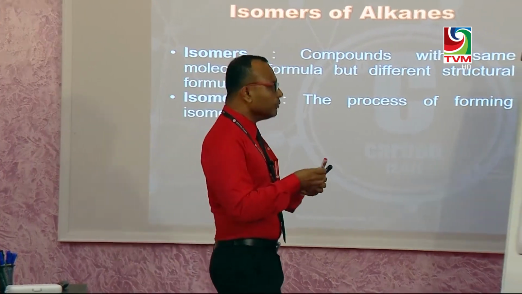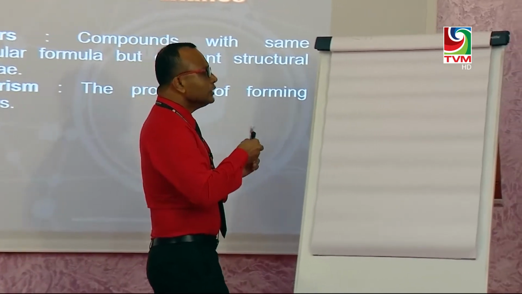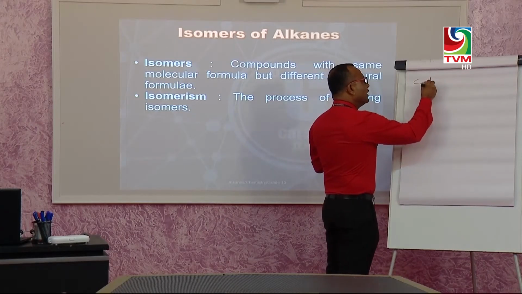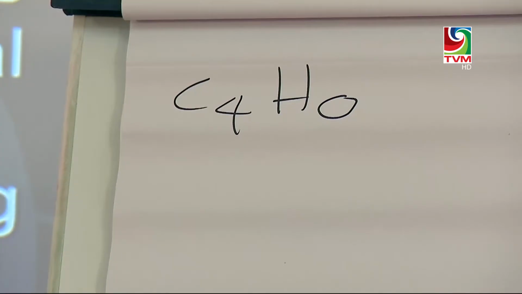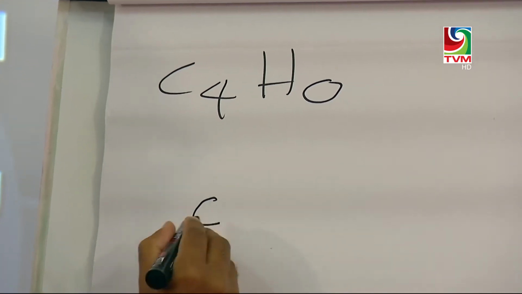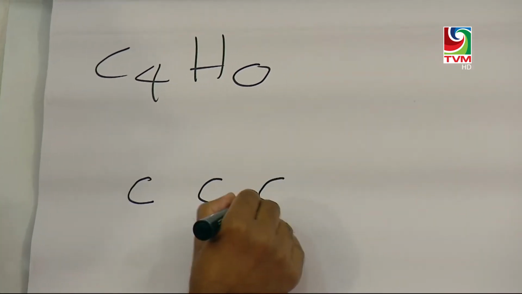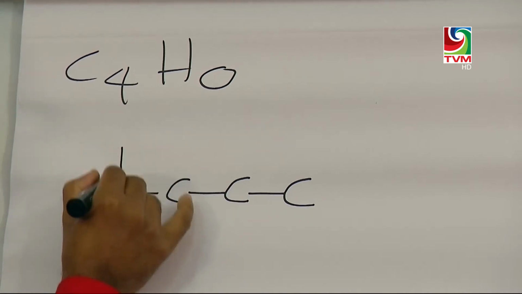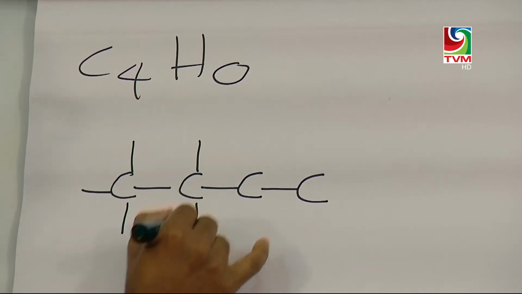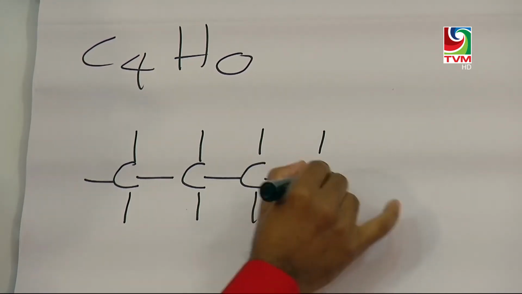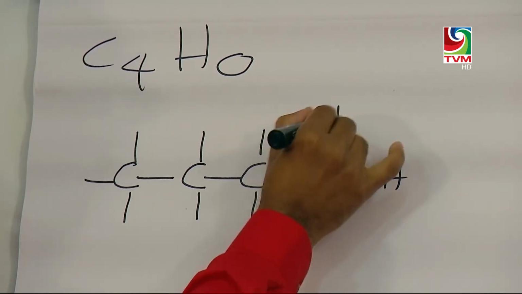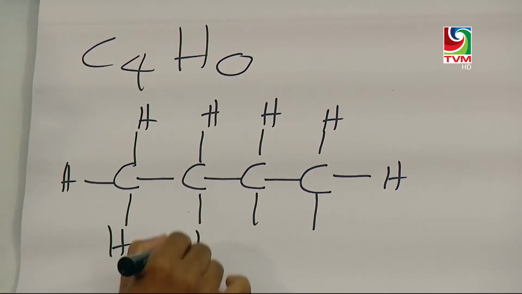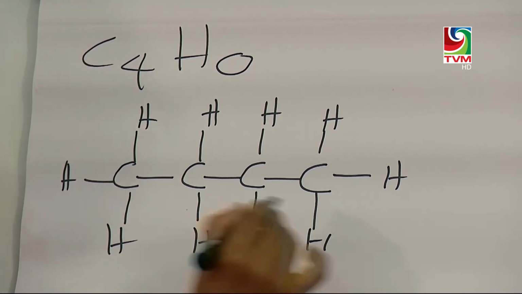If I take butane, it is C4H10. I will draw its linear structure: first carbon, second carbon, third carbon, fourth carbon, with single bonds between carbons, completing 4 bonds around each carbon. Then hydrogens, completing 10 hydrogens around all the carbons.